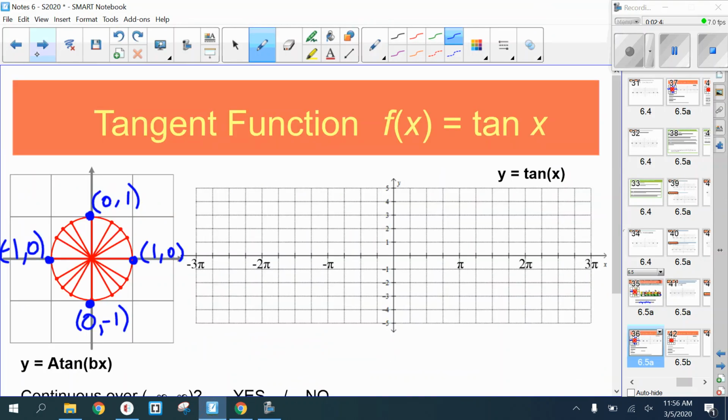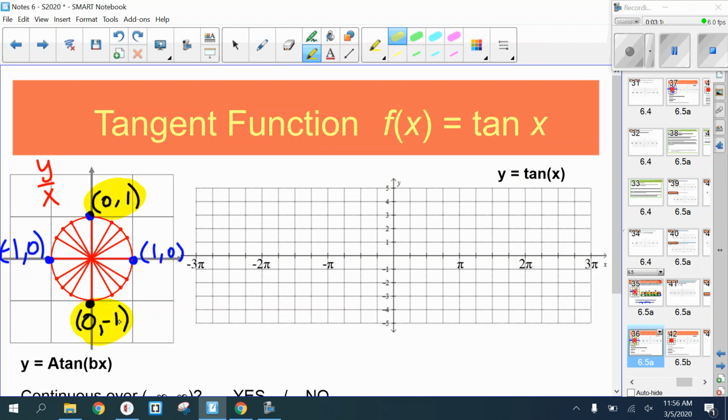So we go to the tangent function, and basically you should notice that there's going to be an undefined whenever the x term is 0. Because tangent is y over x, anywhere the x coordinate is 0, there's going to be an undefined.